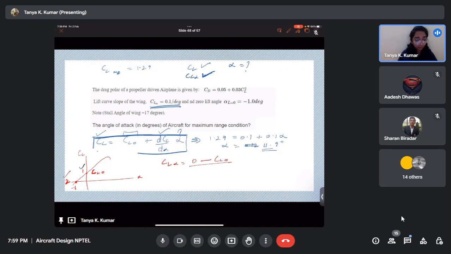Similarly, what is the value of alpha at point 2? It's minus 1. Minus value of alpha at point 1 is 0. Correct? And CL alpha is given as 0.1. You just substitute, you get CL naught is 0.1. Okay.